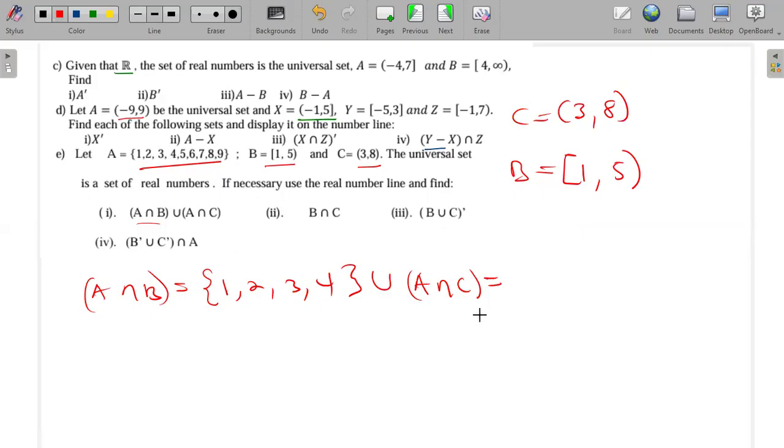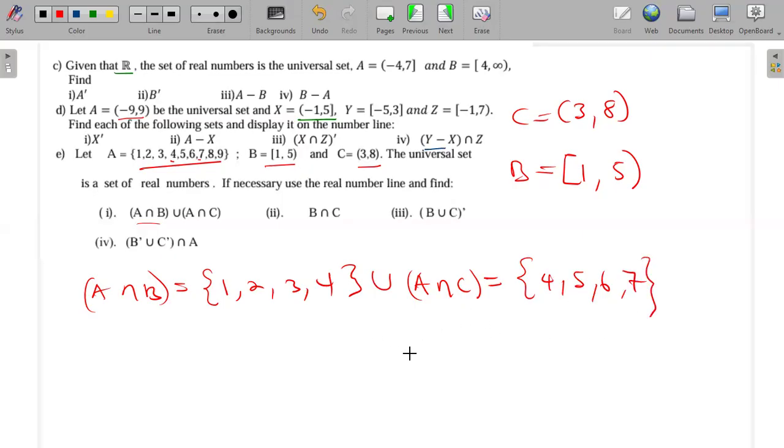Now intersecting it with the set A, which is just the set of integers from 1 to 9, those that are common start from 4 to 7. Those are the integers that are common in both of them. So that is going to be 4, 5, 6, and 7, like that.